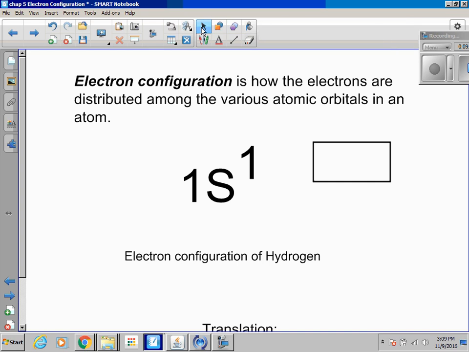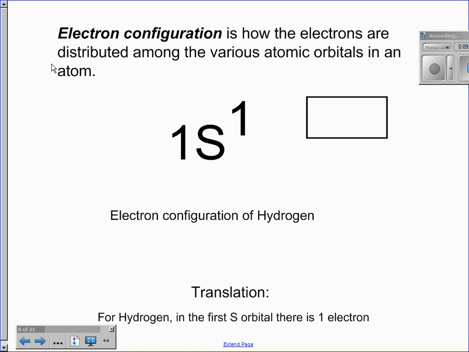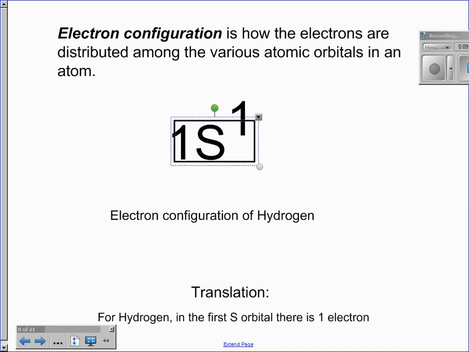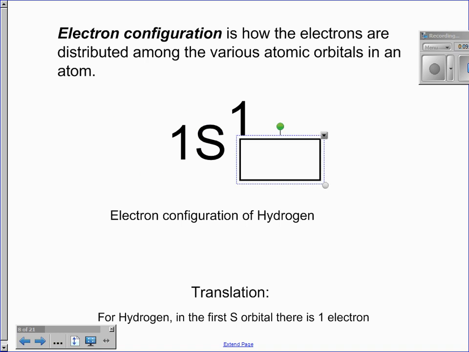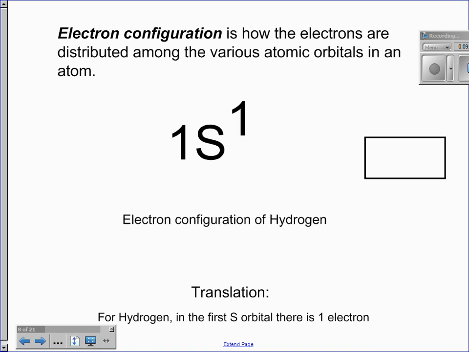All right, so you can see we've got an exponent here. We have this s, and we have this 1 in the beginning. We'll explain exactly what each of those things mean. This happens to be the electron configuration of hydrogen. So this address right here tells us where hydrogen's electrons are located.